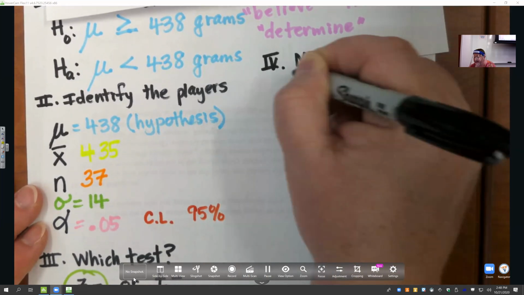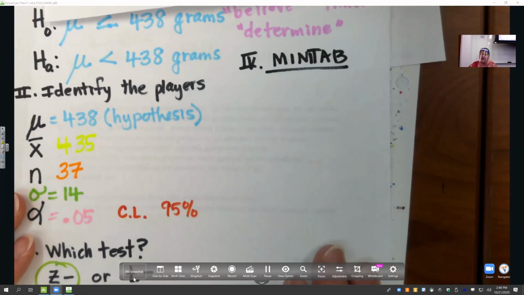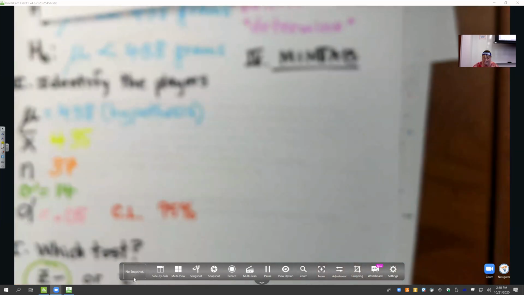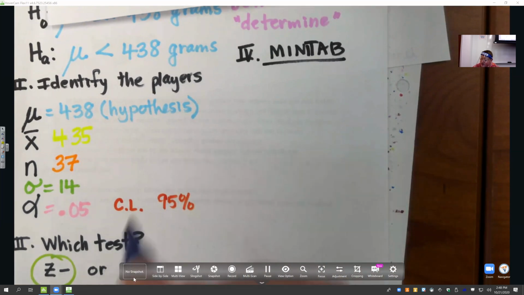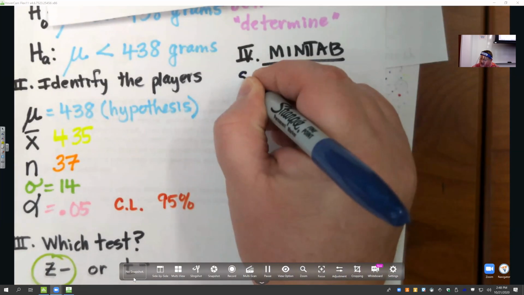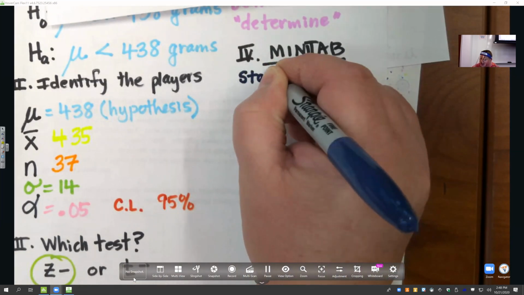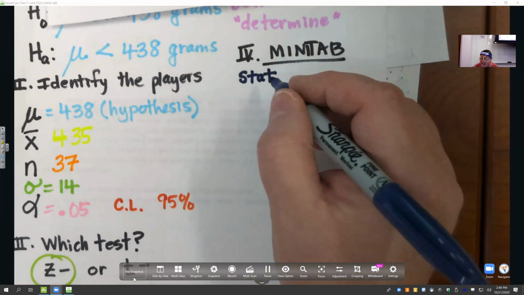And we're going to use Minitab. Okay, and I'm going to try to write them up here first, and then we'll go out to Minitab and do them. This is going to look very similar to what we did last week. We go to Stat at the top of the screen.